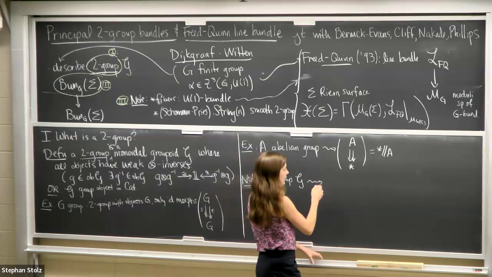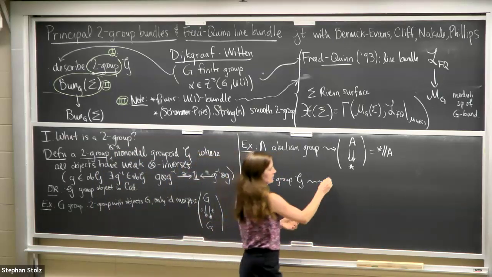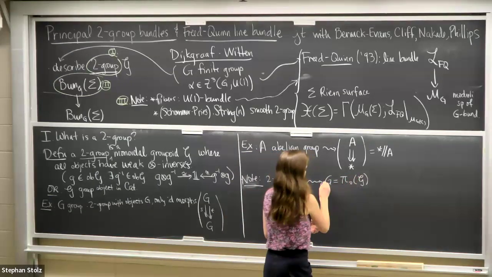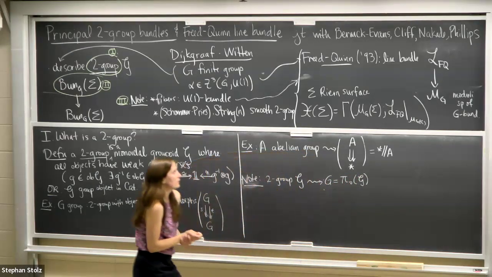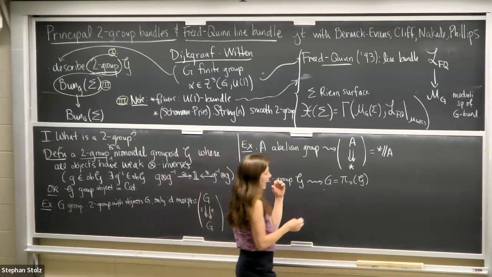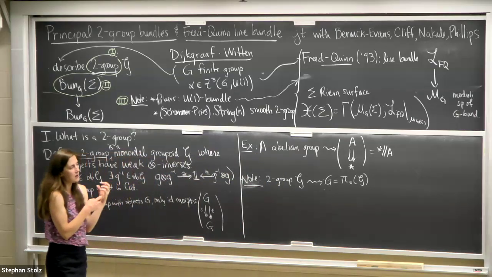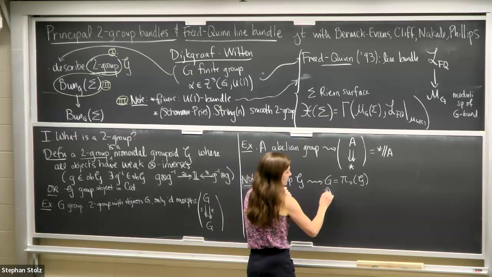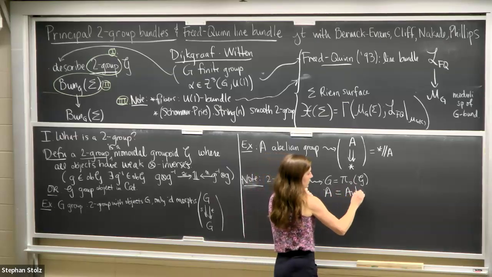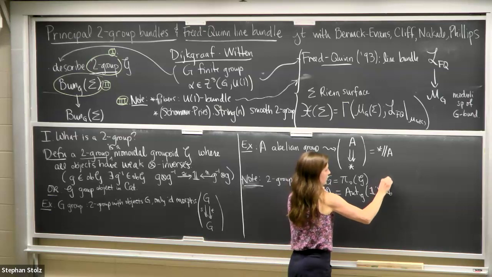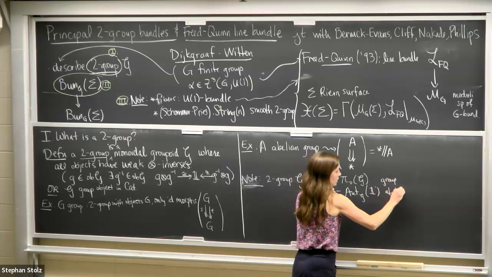If we take the isomorphism classes of the objects, you get an ordinary group G. If you look at automorphisms of the unit object in the category, we get another group that's going to be an abelian group A.